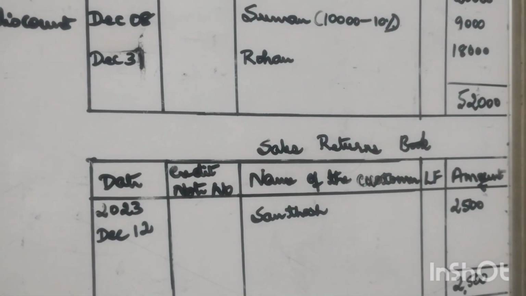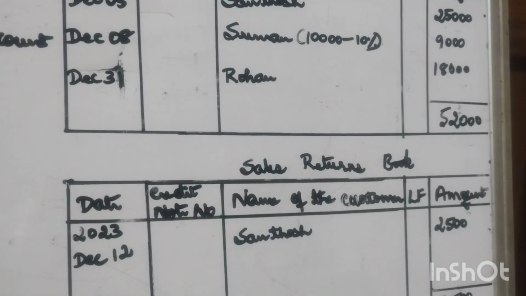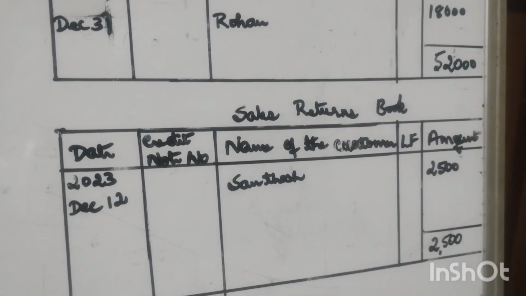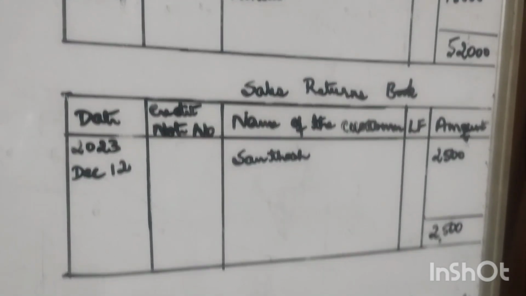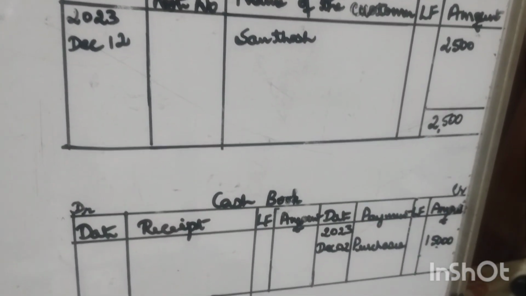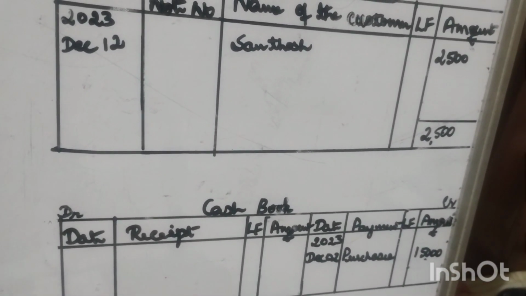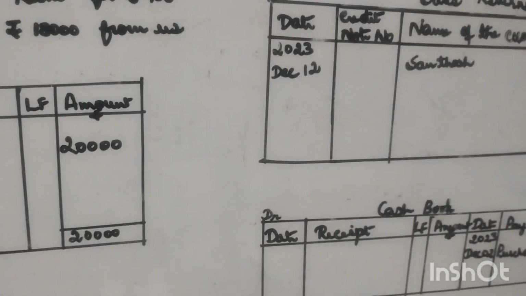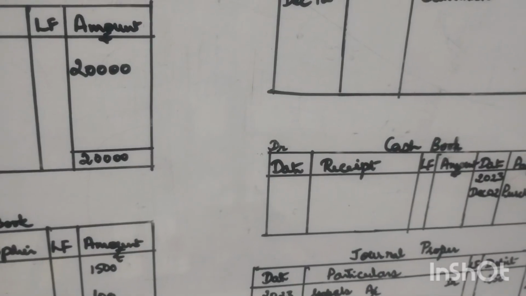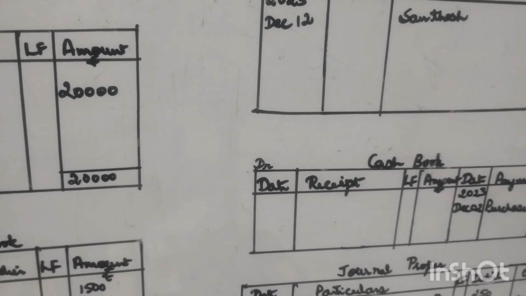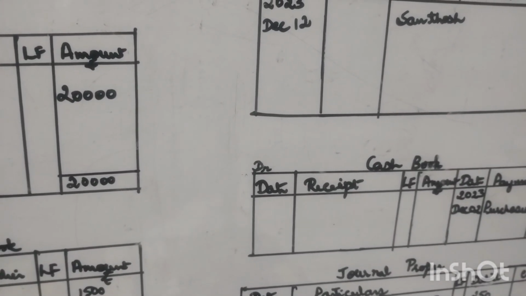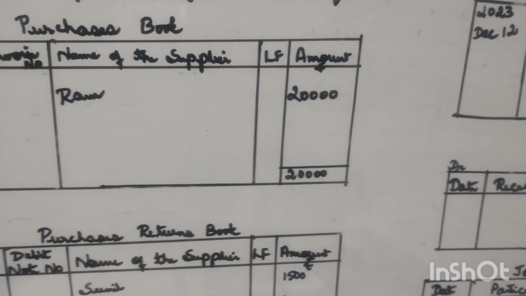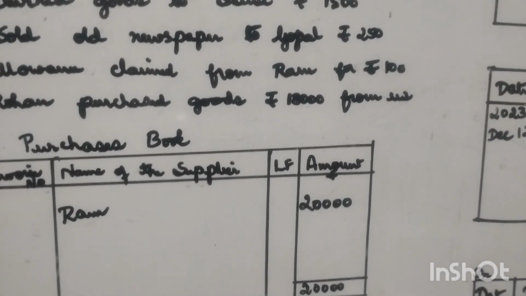So the total of sales book will be 25,000 plus 9,000 plus 18,000, that will be 52,000. Sales returns book, 2,500. Next, cash book, so the cash purchase of rupees 15,000, and finally journal proper, by way of journalizing the entry. So these are various transactions that must be recorded in these subsidiary books.